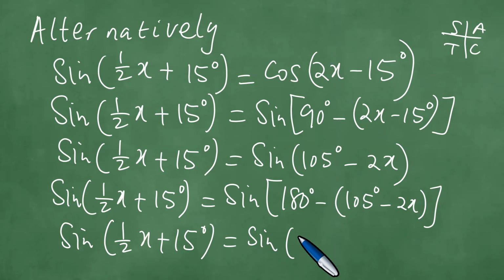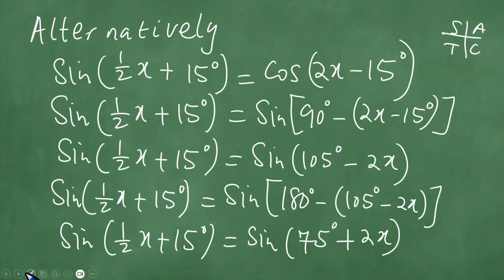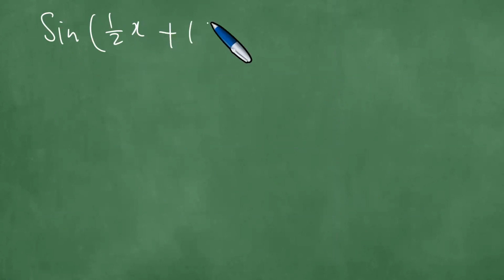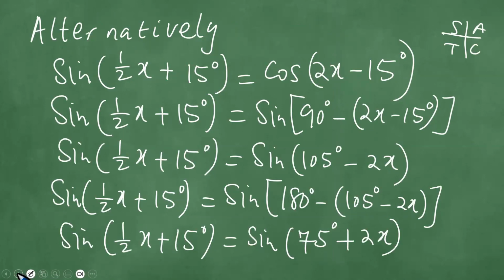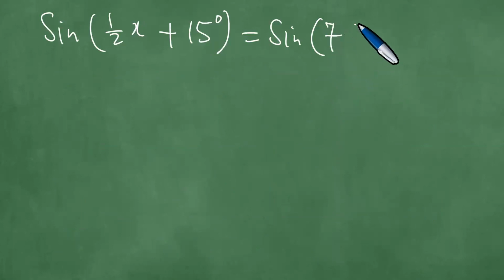So now we proceed as follows. This becomes 75 degrees plus twice x. Which means we have the sine of 1/2 x plus 15 degrees being equal to the sine of 75 degrees plus 2x.